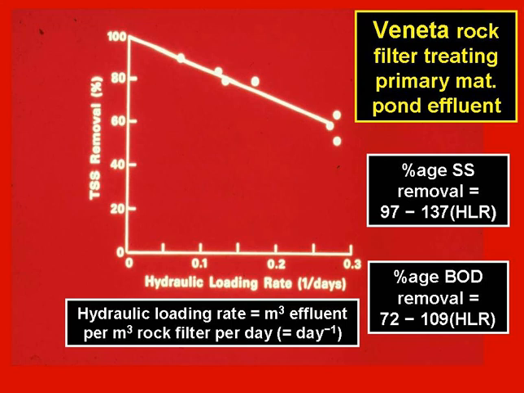So the HLR has units of cubic metres per cubic metre per day, or just days to the -1. The slide shows the equation for suspended solids removal as a function of the hydraulic loading rate, and there is also the corresponding equation for percentage BOD removal.